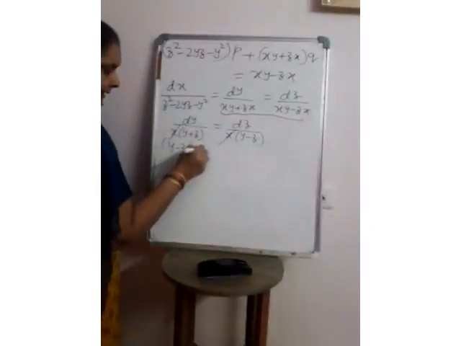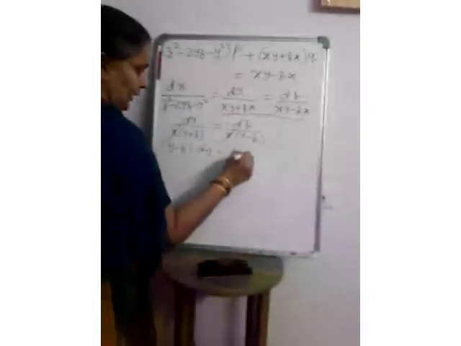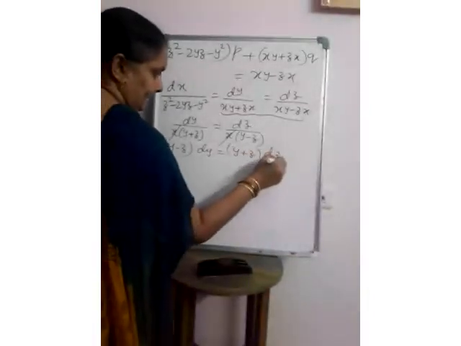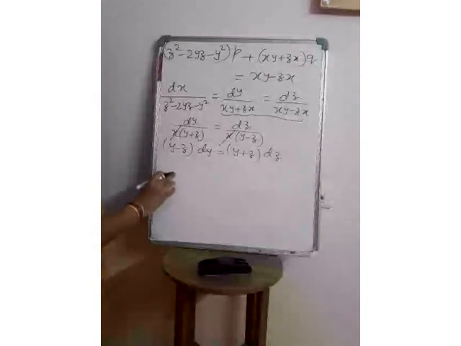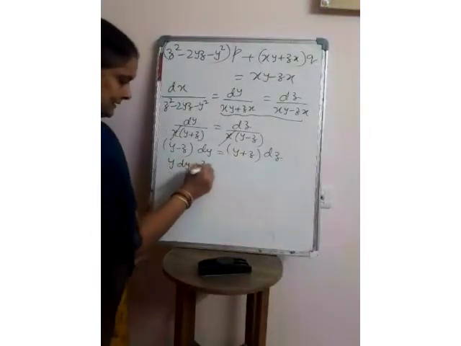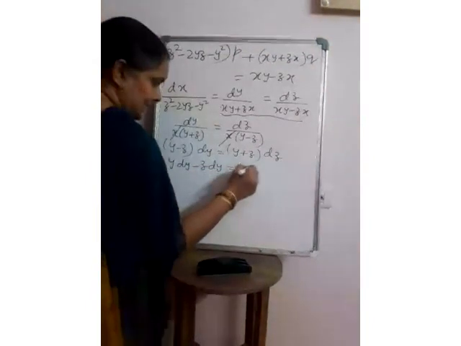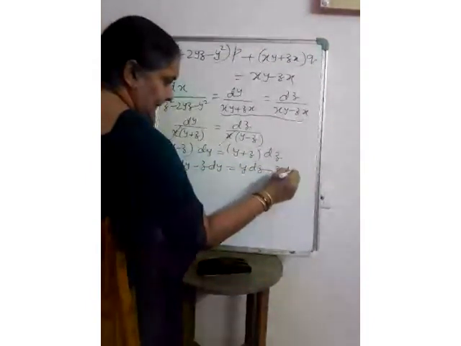(y minus z) dy is equal to (y plus z) dz. Expanded. Just like the last problem, we'll try to write down a combination of terms. y dy minus z dy is equal to y dz minus z dz.